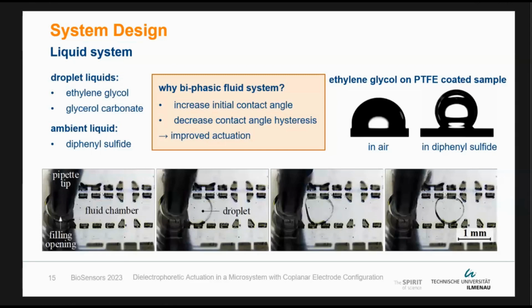If we introduce an ambient liquid, the contact angle rises to about 160 degrees. This high initial contact angle is very beneficial for actuation. We have less hysteresis and less sticking forces of our droplet to the surface, so we can actuate at way lower voltages. And we can also circumvent issues of evaporation, which is very crucial for microfluidic systems.